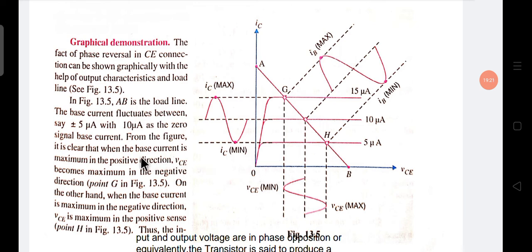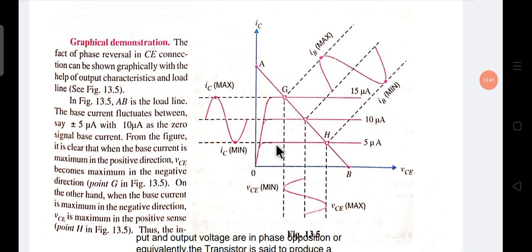From the figure it is clear that when the base current is maximum in the positive direction, VCE becomes maximum in the negative direction, at point G. That means whenever IB is maximum, this 15 microampere, VCE is minimum.